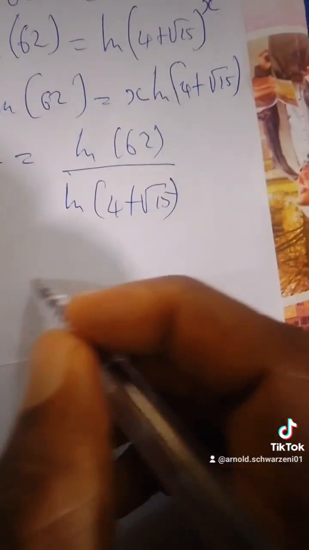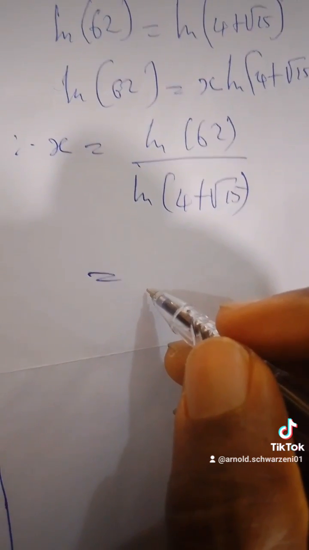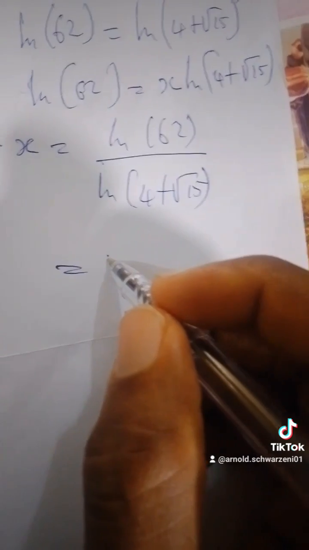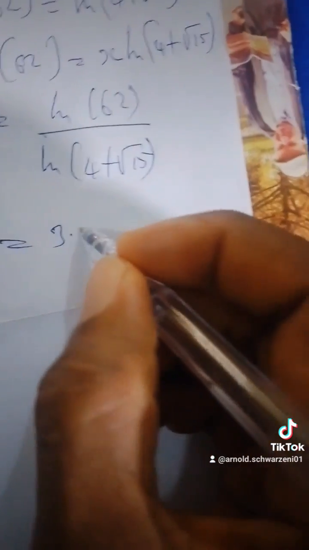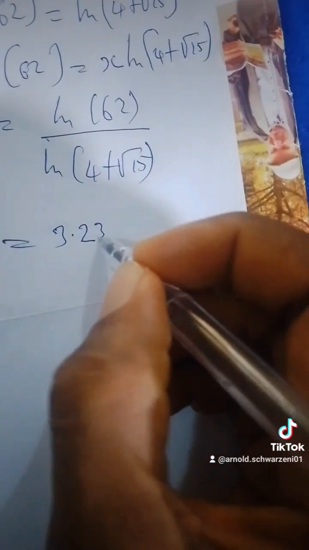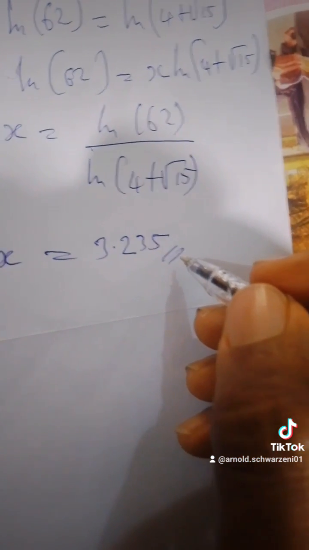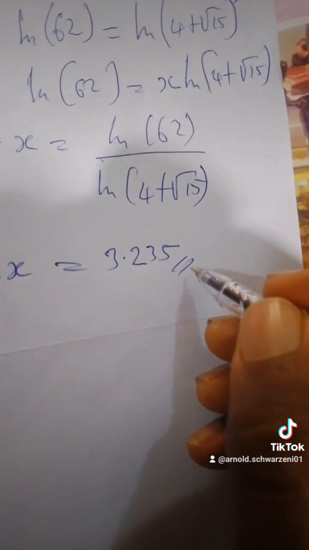Now, when you use your mathematical calculator to calculate this, you are going to have approximately 3.235 to 3 decimal places or 4 significant figures. Therefore, the value of x is 3.235 to 4 significant figures or to 3 decimal places.